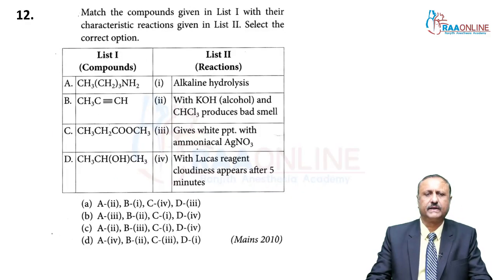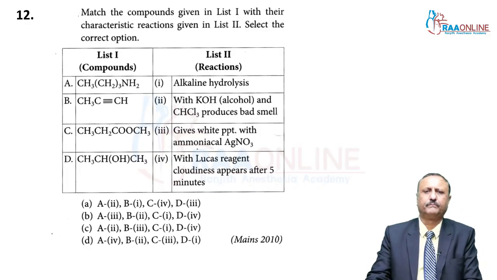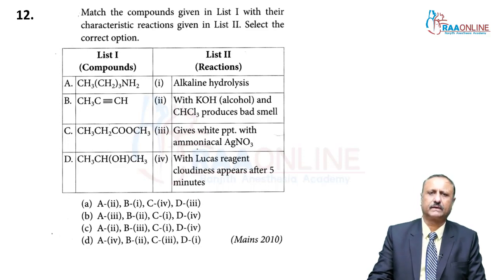Now, my dear students, we can see question number 12. Match the compounds given in list 1 with their characteristic reactions given in list 2. Select the correct option. Here we can see list 1 compounds A, B, C and D. Here this compound A is a primary amine, 1 degree amine.